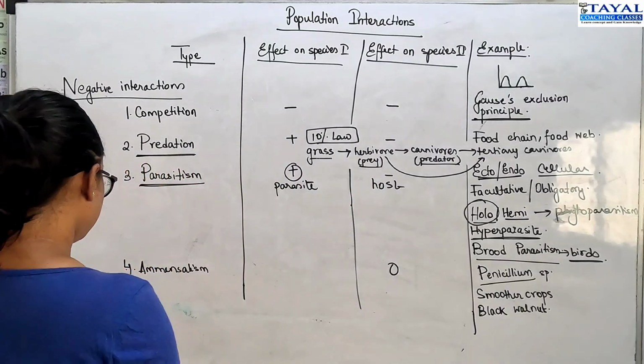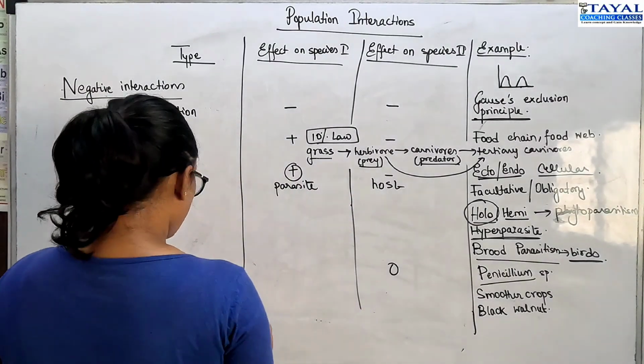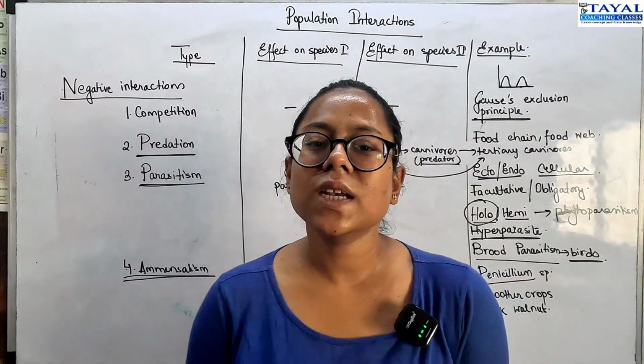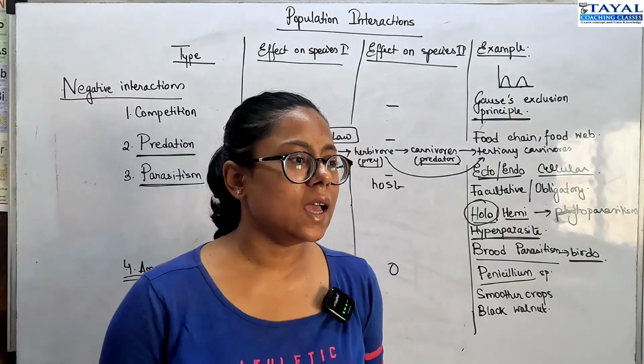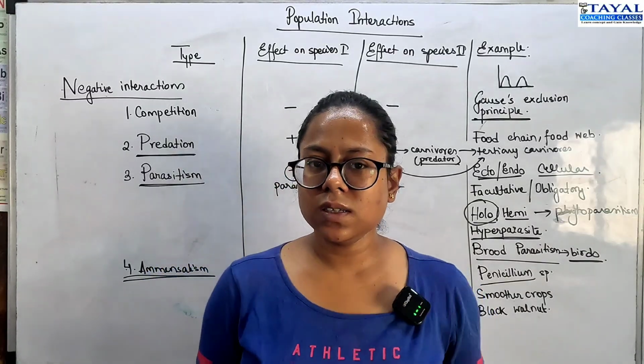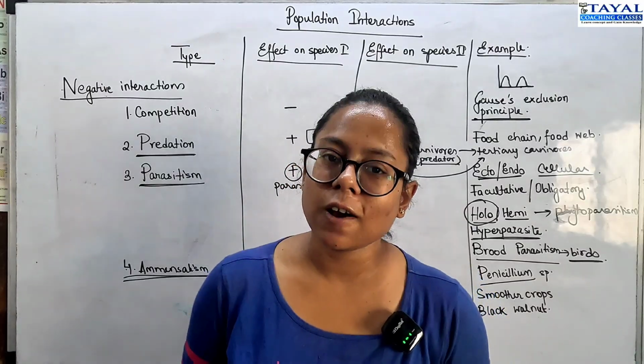The next topic, the last, is amensalism. In amensalism, one organism is negatively impacted, the other has zero effect on it. These organisms give out certain chemicals from their body which prevent the growth of other organisms around them.